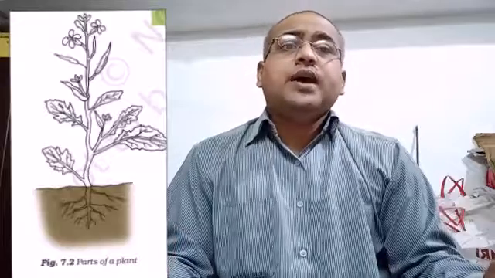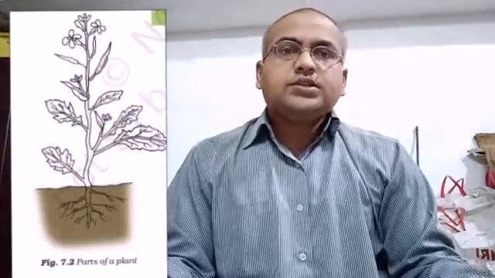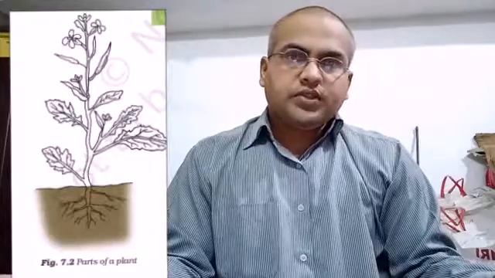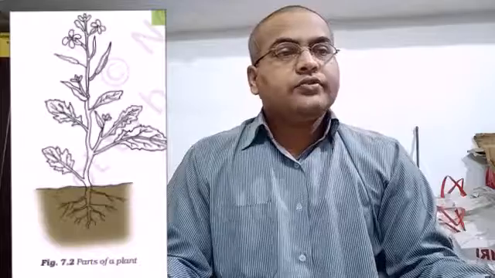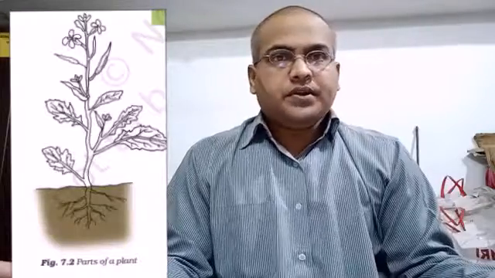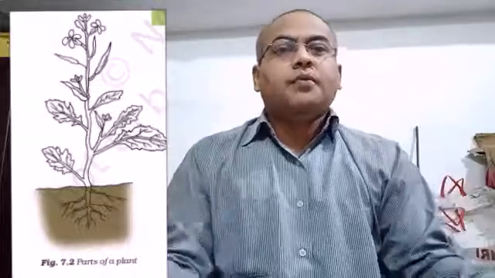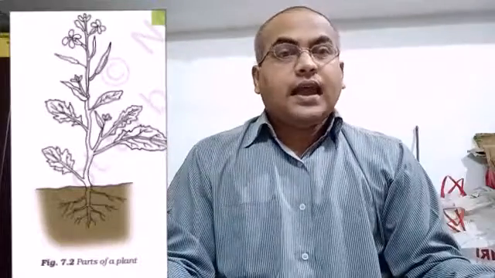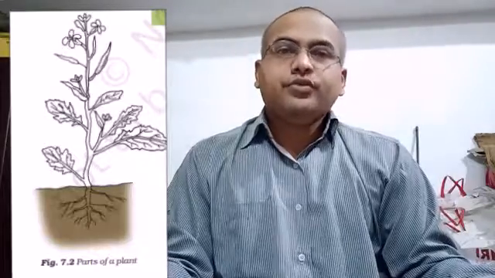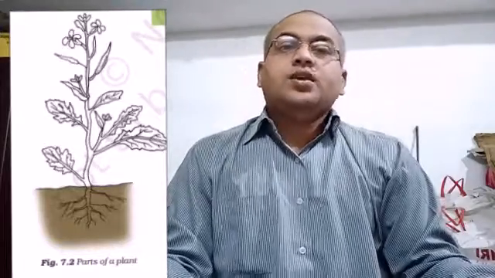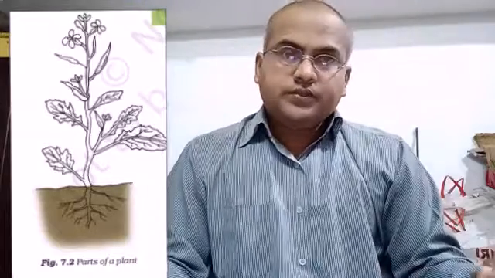And this stem has leaves, fruits, flowers and so many things. Today, first of all, we are going to finish the underground part. Then we will come to the upper part of the soil and discuss stem, leaves, fruits and flowers together. So now let's start the discussion of root.